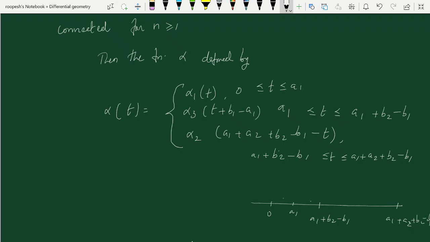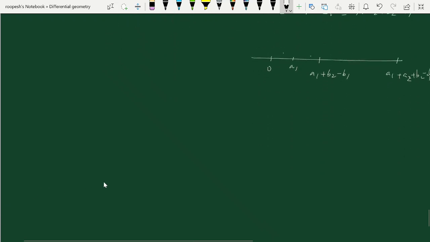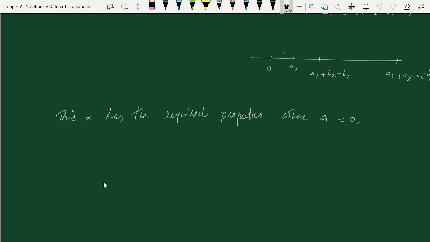Now this alpha has the required properties, where a equal to 0 and b equal to a1 plus a2 plus b2 minus b1.